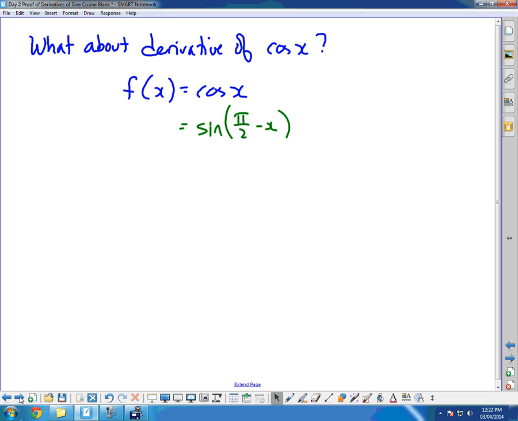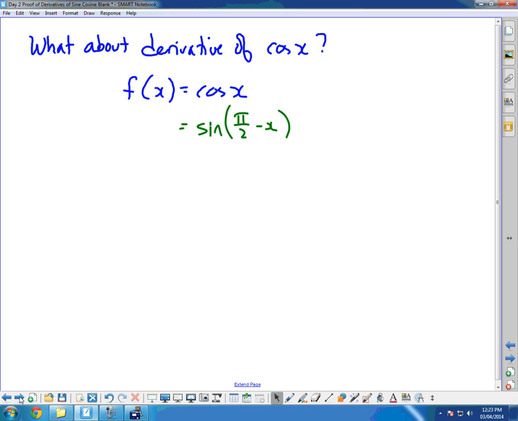Remember, every cos value has an equivalent sine value of 90 minus that number. So the cos of 30 is the same as the sine of 60, because 90 minus 30 is 60. The cos of 10 is the same as the sine of 80. If we do it in radians, instead of 90 minus, it's pi over 2 minus x.